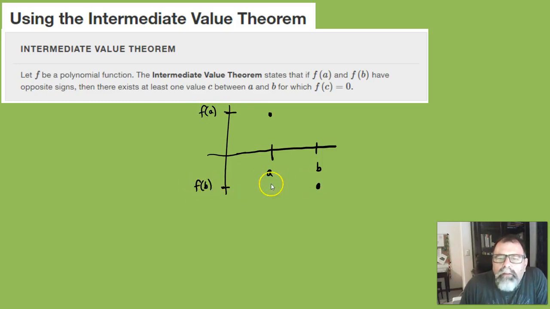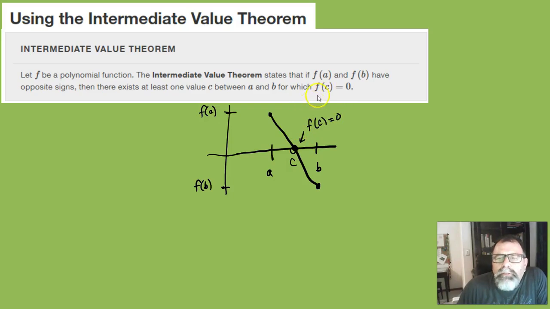So the y value is negative. And since polynomials are smooth, continuous curves, when you draw these 2 points on the function, you can't pick up your pencil, so you're guaranteed to go through the x-axis. So somewhere there's a c such that f of c has to be equal to 0.